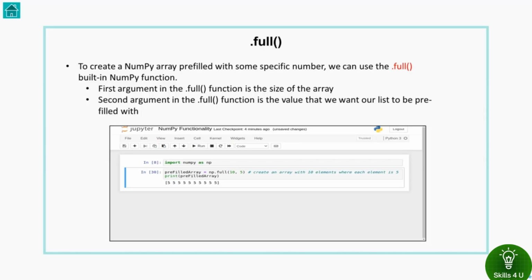If you want to have an array pre-filled with some other numbers of your choice, you can use the .full function. This function takes two arguments. First argument is the number of elements that you want in your array. Second argument is the number to pre-fill the array.